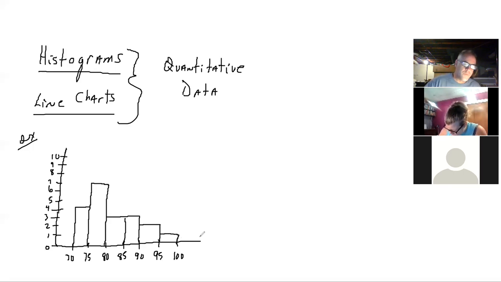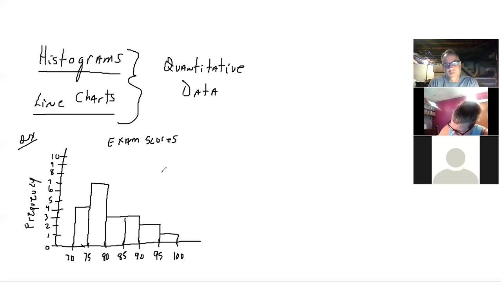And again, I try to write sideways as best I can. That's a little bit better. These were exam scores. So this would be an example of a histogram.